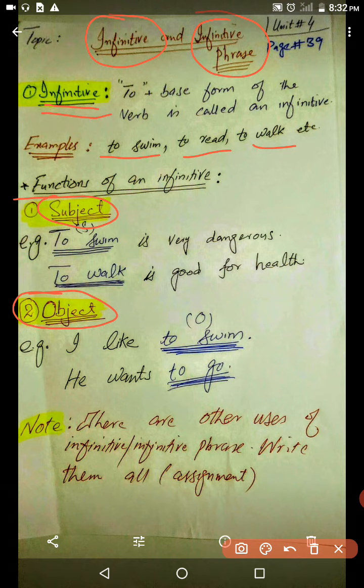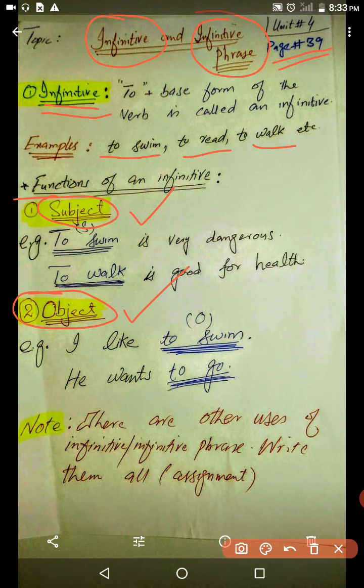Infinitive can have more functions as well, as subject complement in a sentence, as object complement in a sentence, as an adjective, etc., etc. But here we mainly focus on these two, looking to your level and to the material included in your exercise on page 39, because this lecture belongs to unit 4 and it is on page 39. That is why I have just taken these two functions. One is of the subject and the other is of an object.